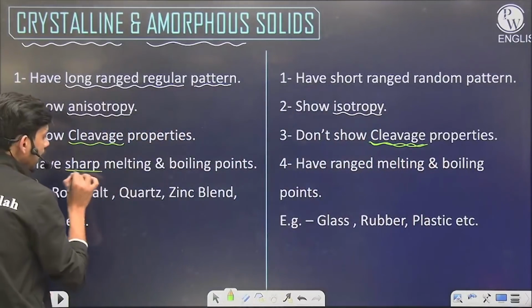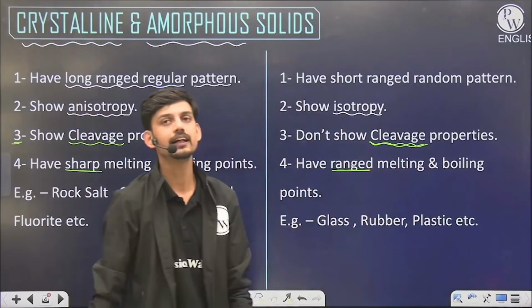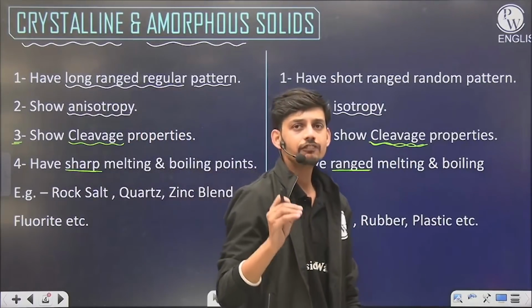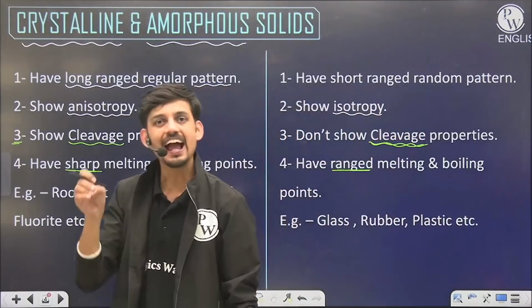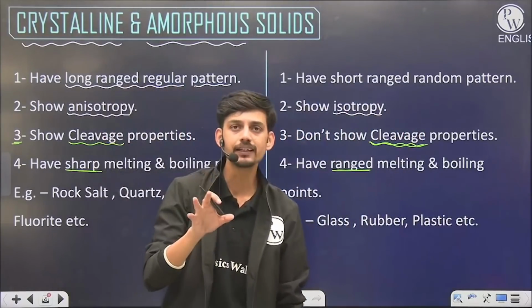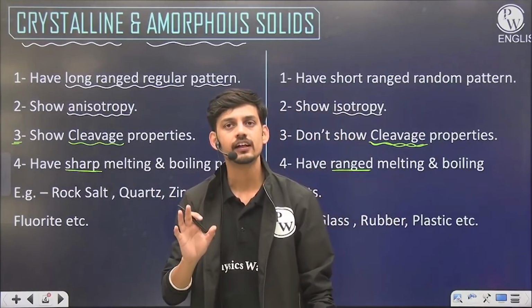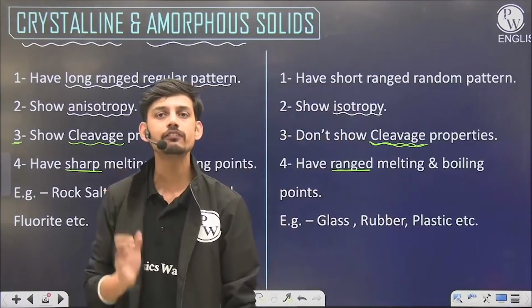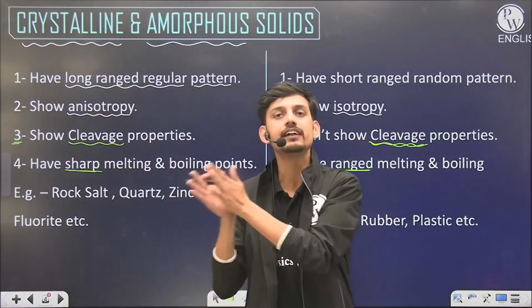Crystalline solids have sharp melting and boiling points, while amorphous solids have ranged melting and boiling points. That means if we melt or boil a crystalline solid, the melting starts and ends at the same temperature. Sharp means that, for example, at 20.1 degrees Celsius, the melting will start at 20.1 degrees Celsius and will also complete at 20.1 degrees Celsius.